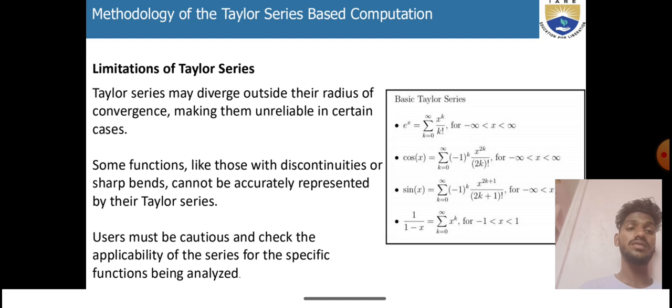Cos of x equals summation k equals 0 to infinity of minus 1 whole power k times x power 2k by 2k factorial, for x lying between minus infinity and infinity. 1 by 1 minus x equals summation k equals 0 to infinity of x power k, for x lying between minus 1 and 1. These are the basic Taylor series formulas which we use for solving any function.